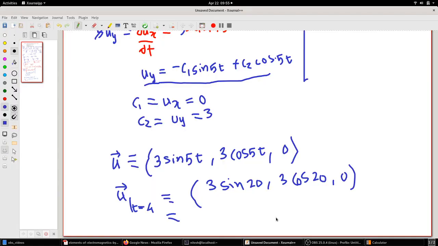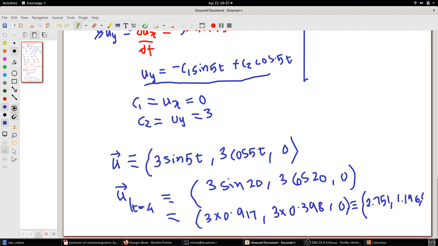Okay, so 3 into 0.917, 3 into 0.398, and this is 0. This is the z coordinate, the z value will be 0. Okay, so this is the u that I'll get.